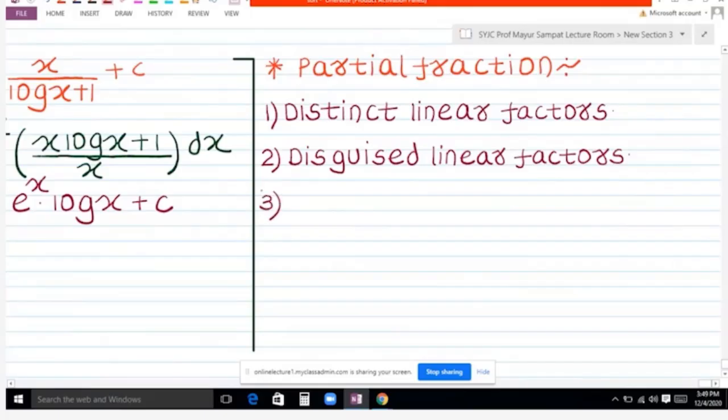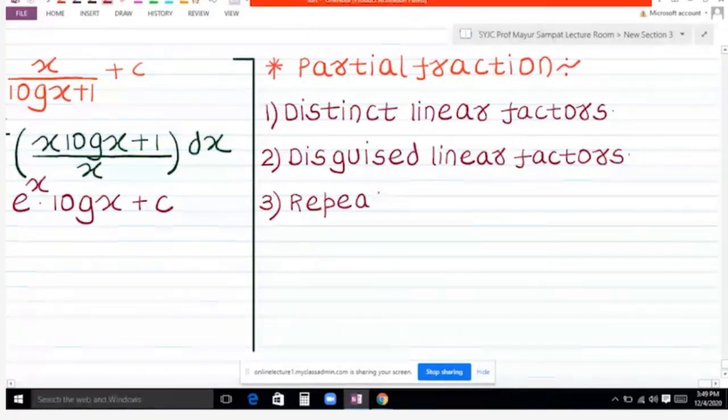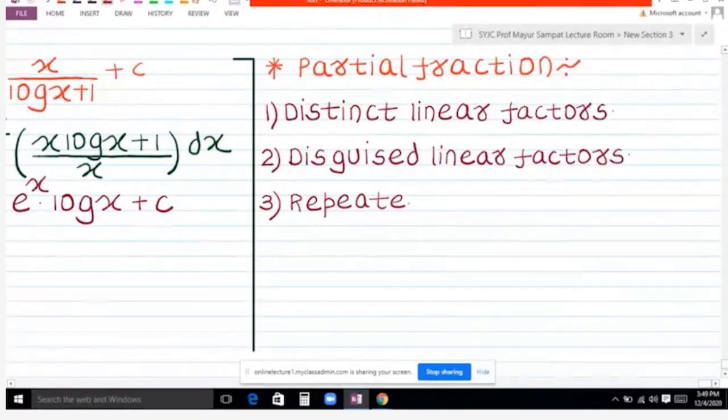Number three, problem based on repeated linear factors.